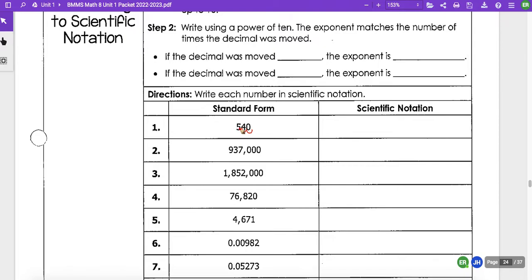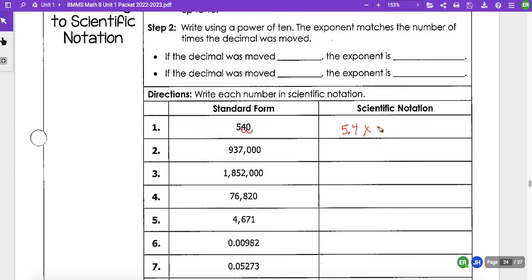So we have 5.4, and 5.4 is greater than or equal to 1, but less than 10. So we are going to write my root number right here without any zeros at the end.